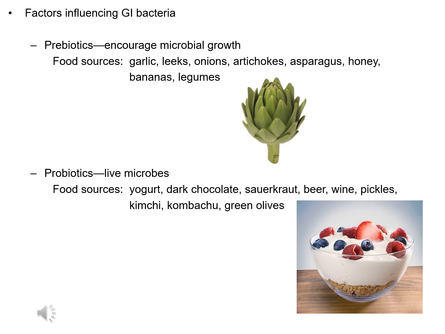They can be found in things like yogurt, dark chocolate, sauerkraut, beer, wine, pickles, kimchi, kombucha, as well as green olives. Eating these types of food sources can potentially have an impact on keeping our microbiome very healthy. So here's to some healthy feeding of your gut.